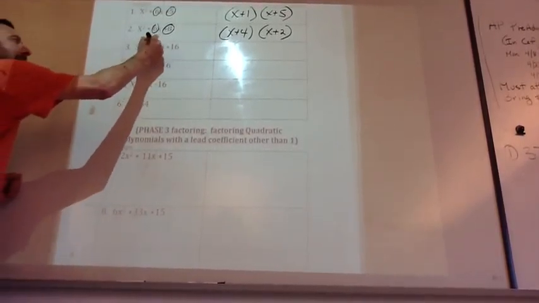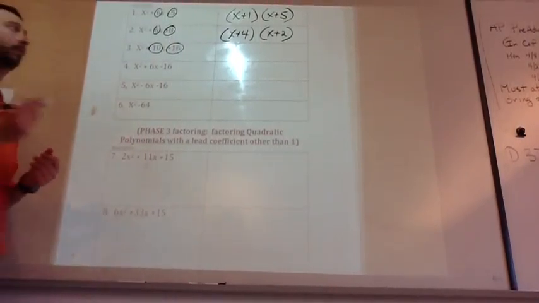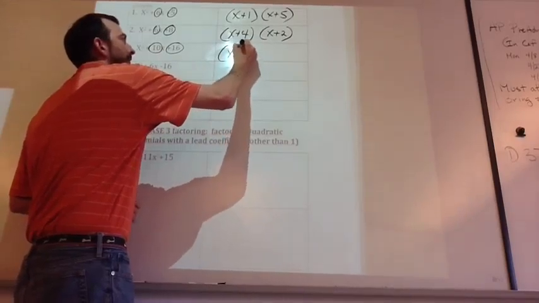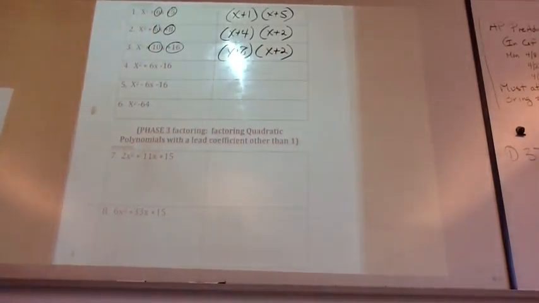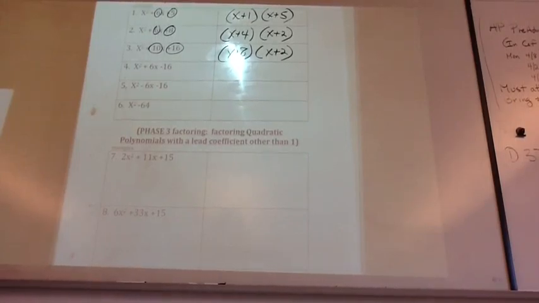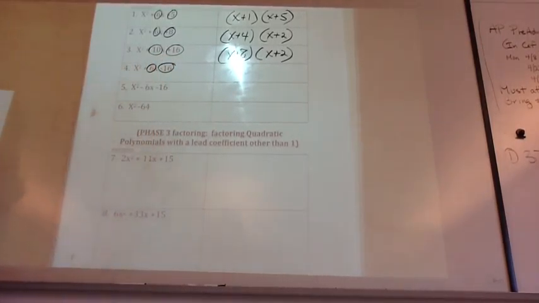10 and 16, add to 10, multiply to 16. 8 and 2. X plus 8, x plus 2. What about the next one? 6 and negative 16. Ooh, I heard it. Who said it? 8 and negative 2. 8 times negative 2 is negative 16.